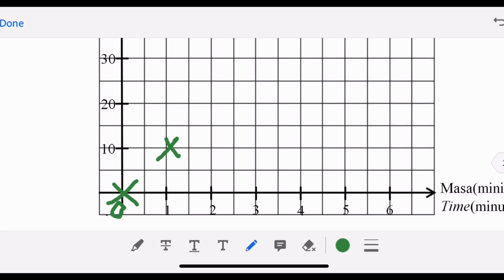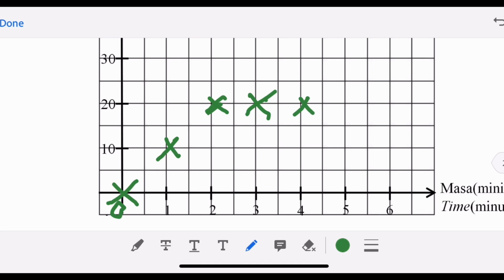Then we have 1, which is 10, and 2 we have 20, 3 also 20, until 4 the distance is 20. Then we will use a point to mark on the Cartesian plane.